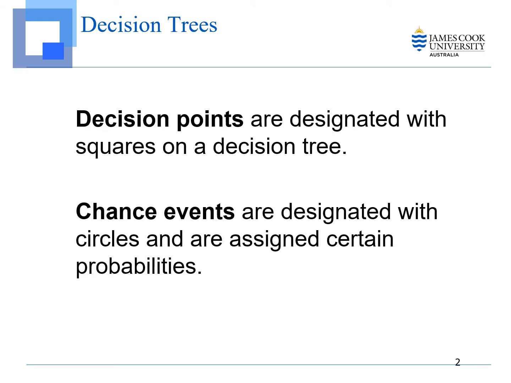So it has decision points. You can use squares to denote them in the decision trees. We can have chance events designated with circles and assigned certain probabilities.